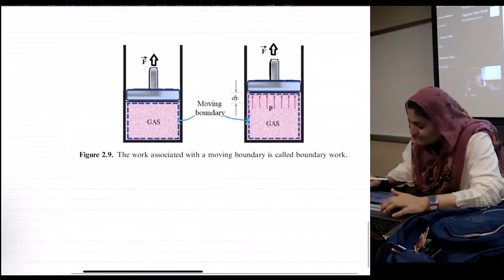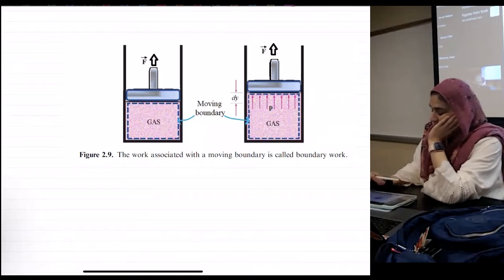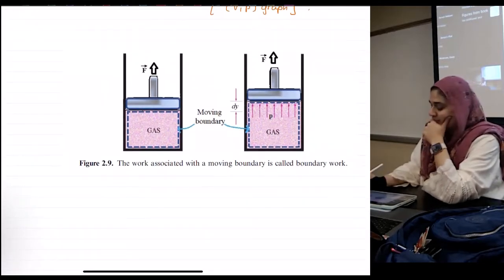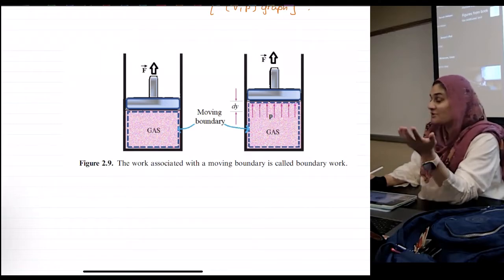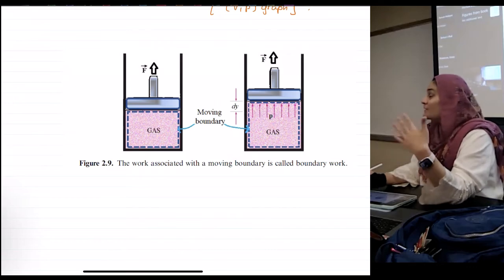Can you tell why this is called the pressure volume work? Is it really clear from this picture? Can you explain? As pressure decreases, volume decreases. Good. And as pressure increases, volume decreases. There we go. This is called pressure volume work.